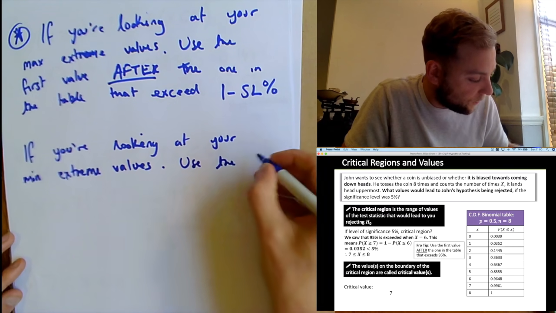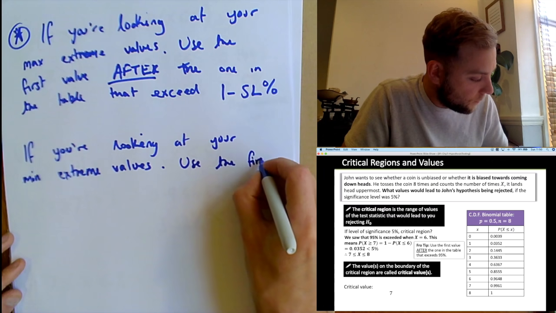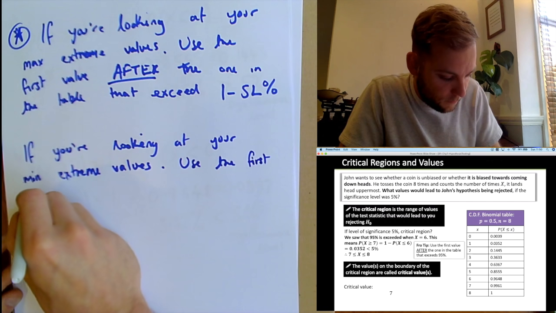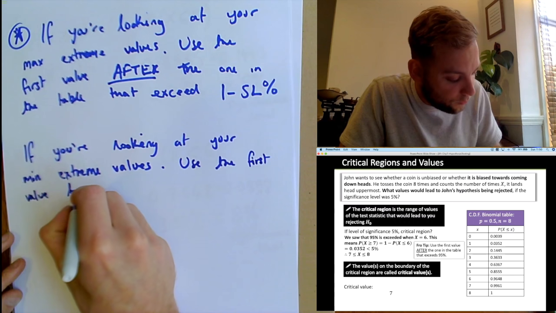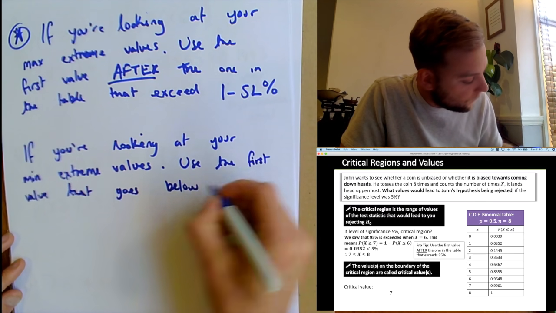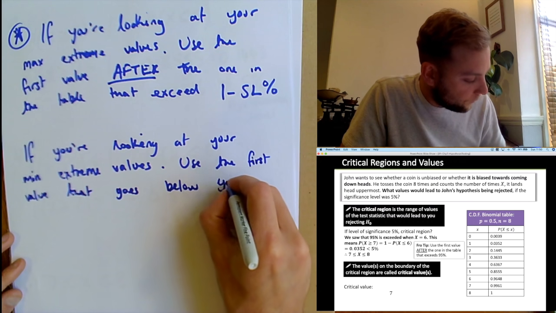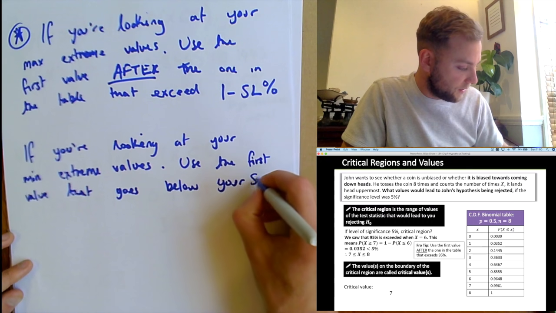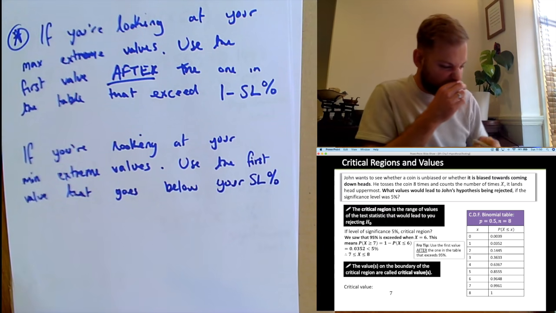You use the first value that goes below your significance level percentage. Okay, we use the first value.